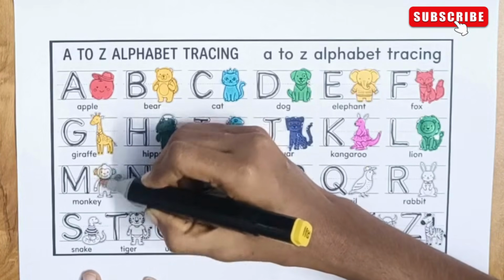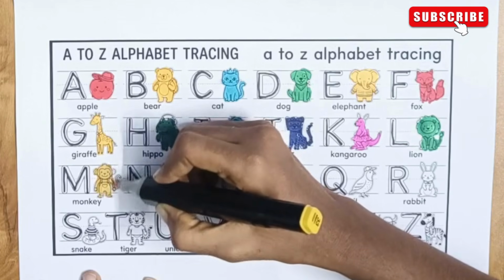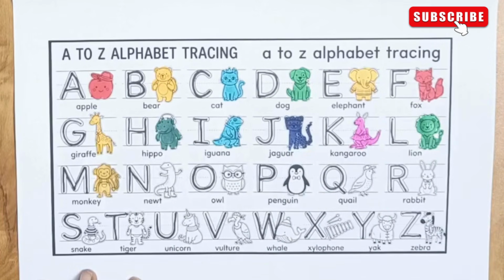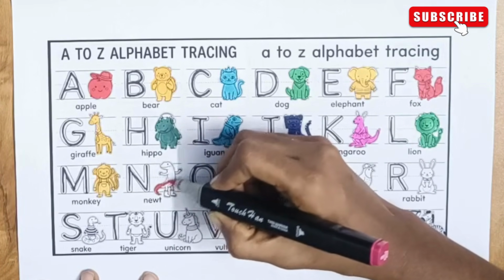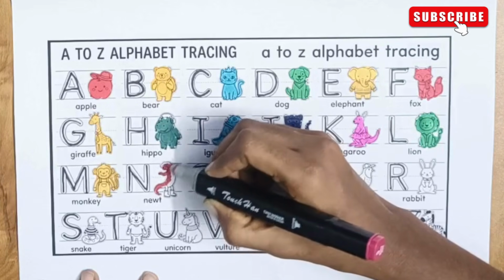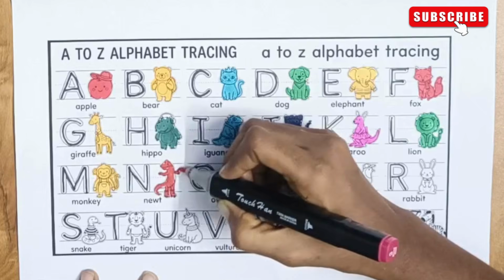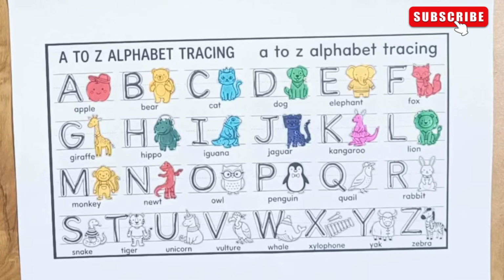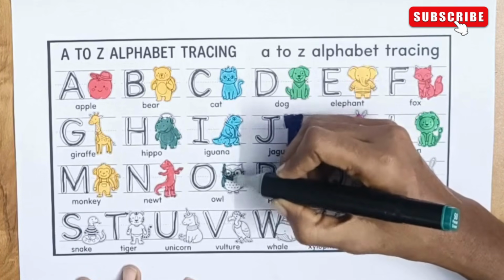Next, M for monkey. Next, N for navel. Next, O for owl.